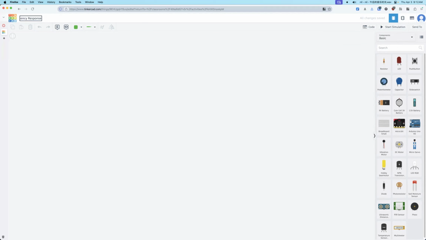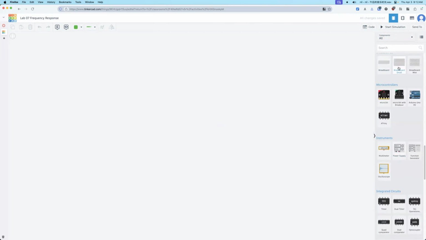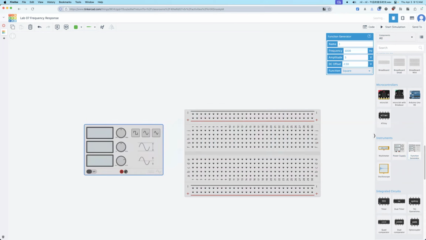First, the breadboard. Then we need the function generator.